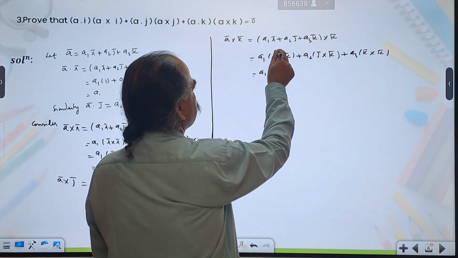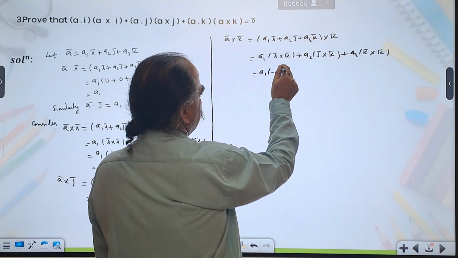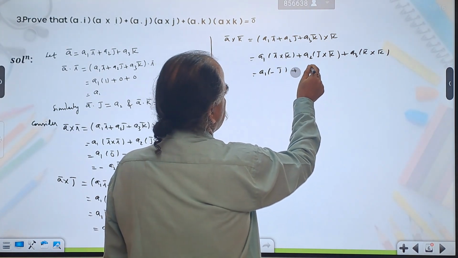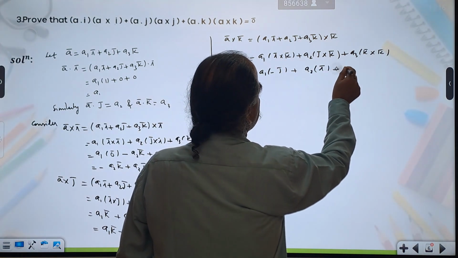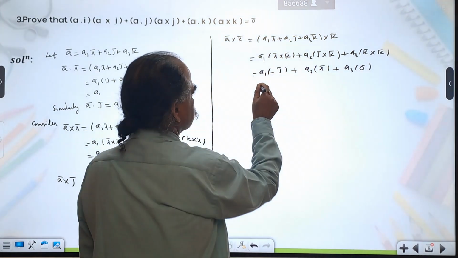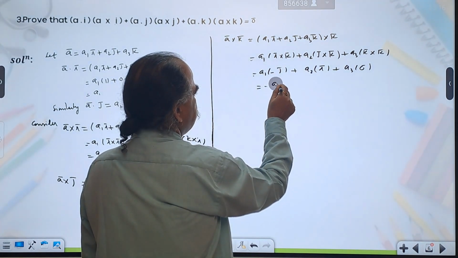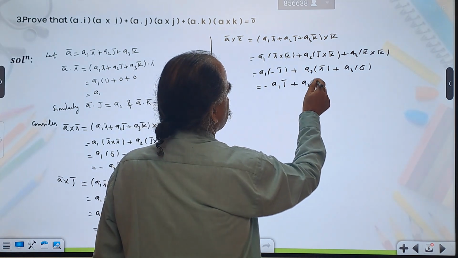A1 (i cross k) is what? Minus j bar. j cross k is what? i bar. k cross k is what? 0 bar. So minus A1 j bar plus A2 i bar.